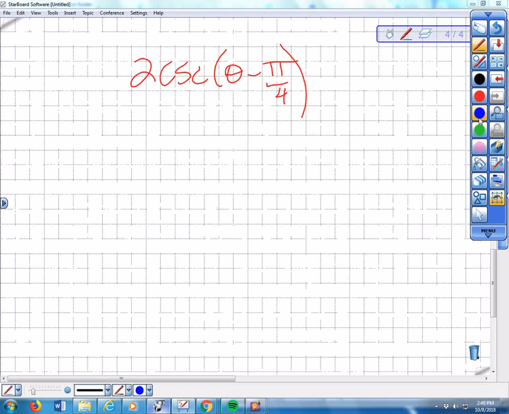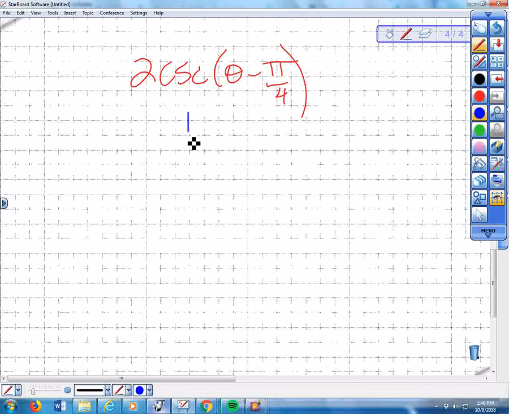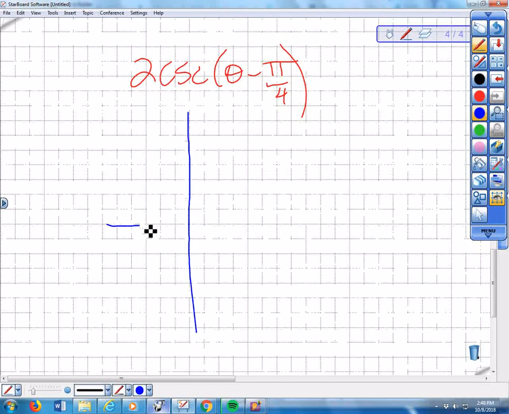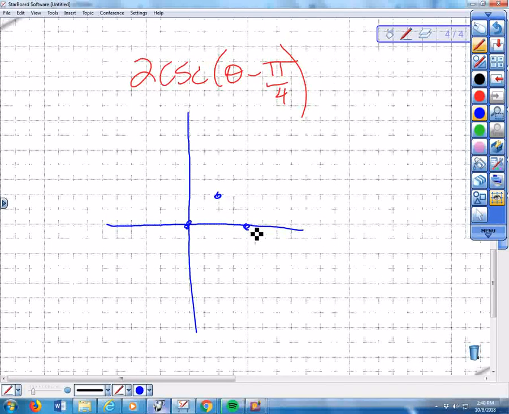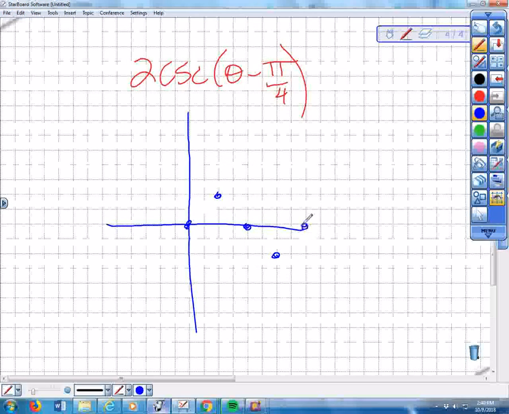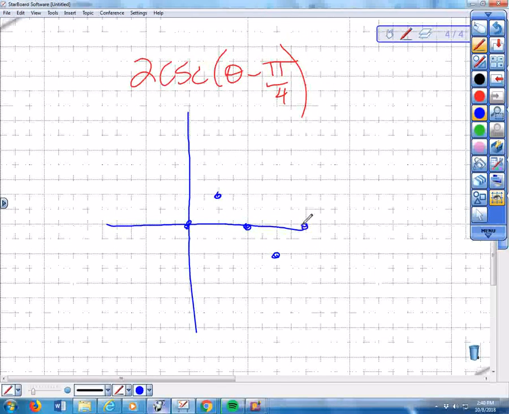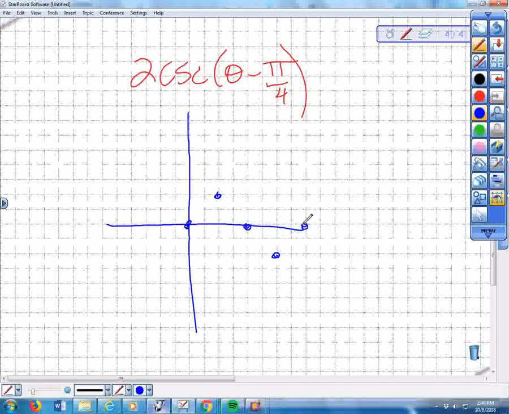Sine. Luckily the period's still 2 pi. So the only thing that shifts is every point on here shifts 45 degrees to the right.